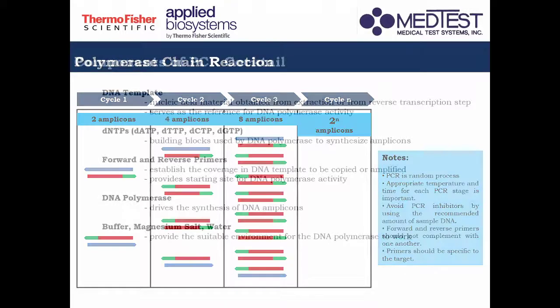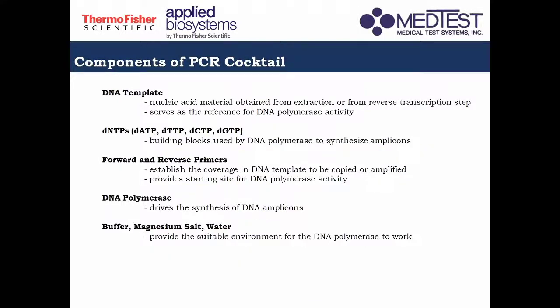Okay. So these are the components of your polymerase chain reaction cocktail. So we have our DNA template. So ito po yung RNA na kinonvert natin into DNA, and this will serve as the reference for the DNA polymerase activity. Now, for the PCR, to amplify your DNA template, it needs the building blocks.